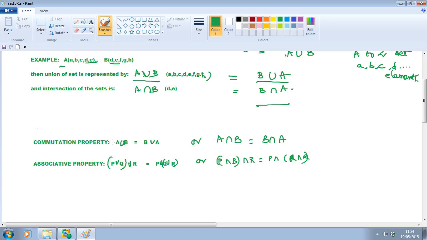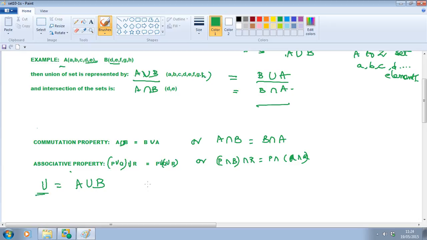We'll mention one more property. We have combined set A and set B and made one set called the universal set. We represent that, for example, this universal set is A union B. Only two sets are there in this.